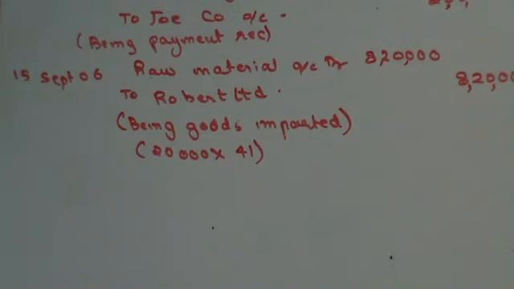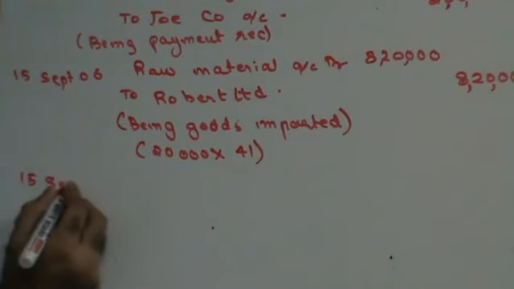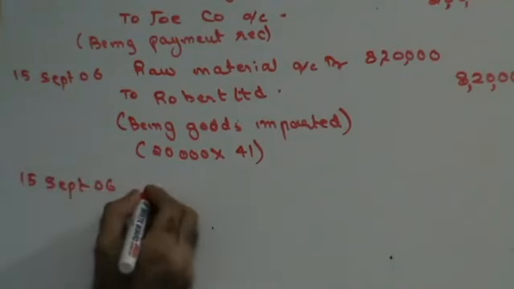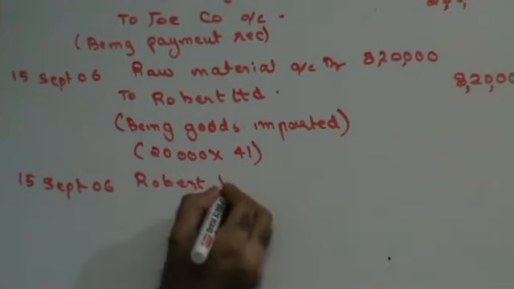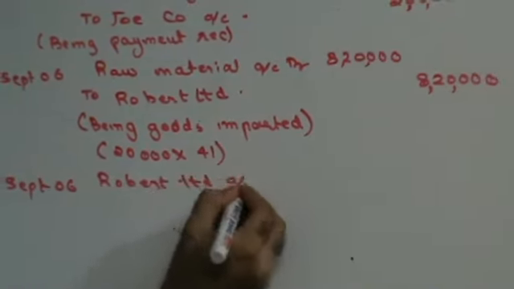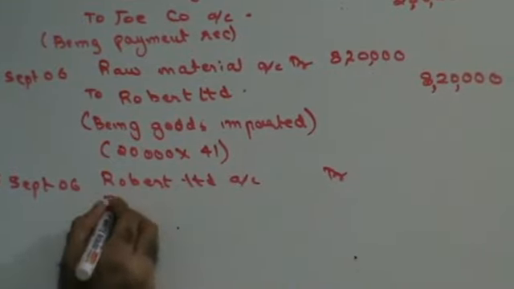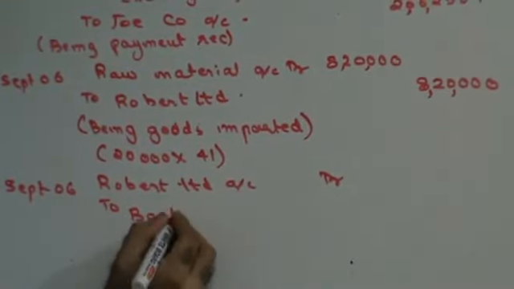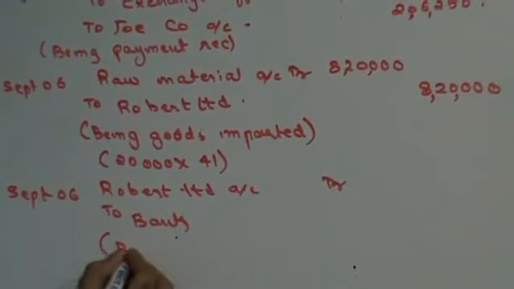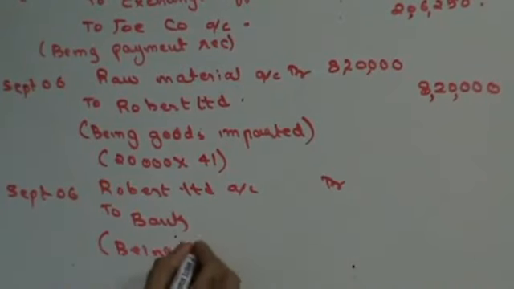Now, 50% is payable immediately. 15th September 06. Money is going out. Debit the receiver, Robert Limited account, to bank, 50% of the amount, since it's the same date, payment made.